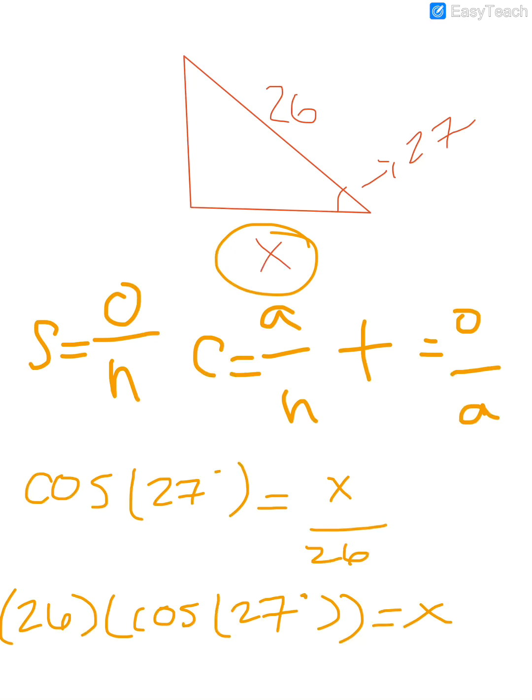Now, I want to show you guys one more thing. Let's say we're doing trig on this triangle. This is our right angle right here. Let's say this was given to us as 57.